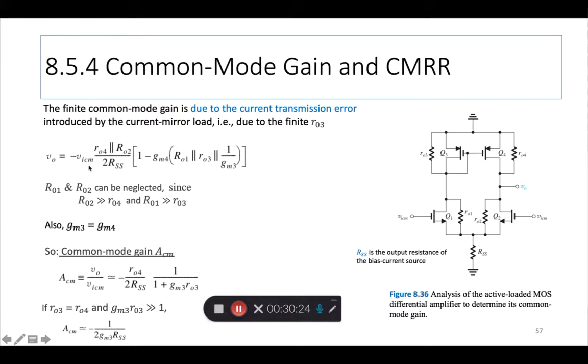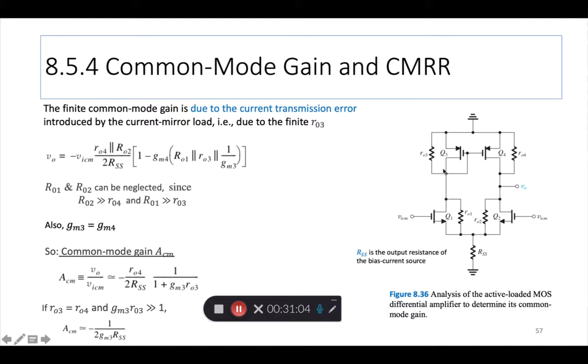So if ICM is the common mode signal, first of all, here's an explanation for why we even have any common mode gain. Finite value. Why is it not 0? The finite common mode gain is due to the current transmission error introduced by the current mirror load. That is due to the finite value of RO3. If you didn't have any RO3, if it was infinity, then you would not have any common mode gain.